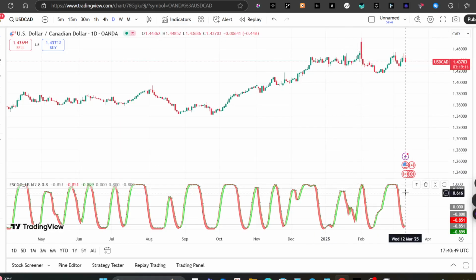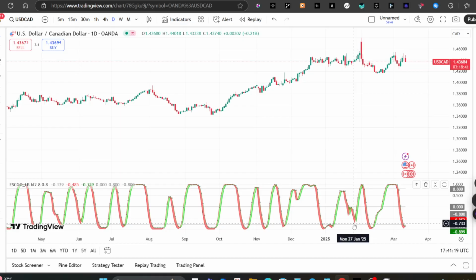Let us start by understanding what this indicator actually is. The Ehlers Stochastic CG Oscillator is a variation of the traditional stochastic oscillator developed by the legendary trader John Ehlers. Now, unlike the standard stochastic oscillator that simply measures the momentum of price movements, the Ehlers Stochastic CG Oscillator incorporates cycle analysis into its calculations.